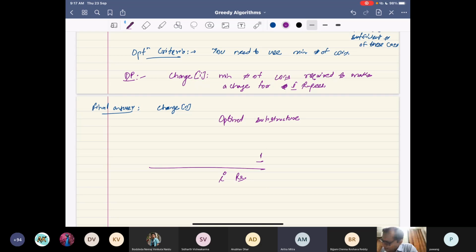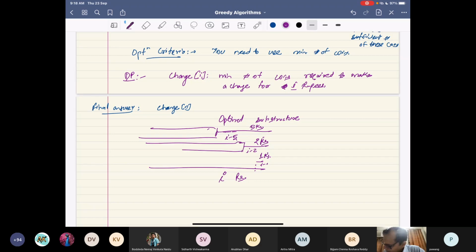I can use a 1 rupee coin, so the remaining problem is i minus 1. I can use a 2 rupee coin, and the remaining problem is i minus 2. I can use a 5 rupee coin, and the remaining problem is i minus 5.